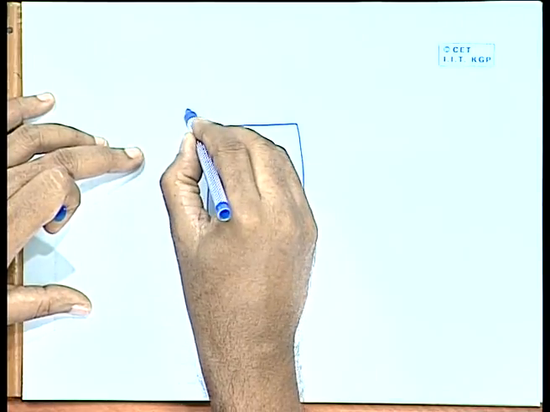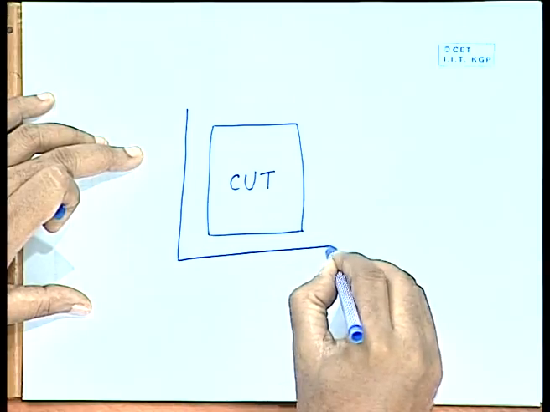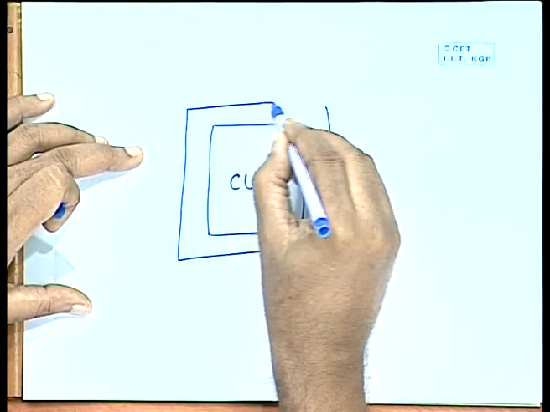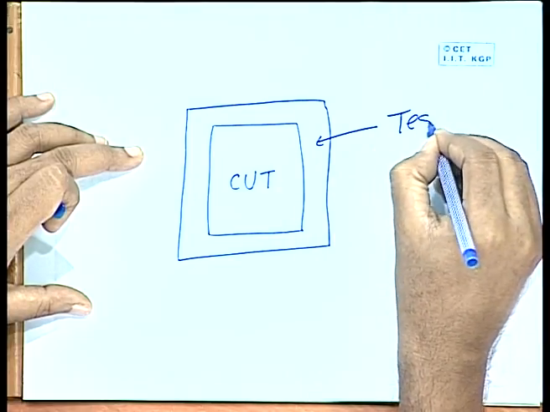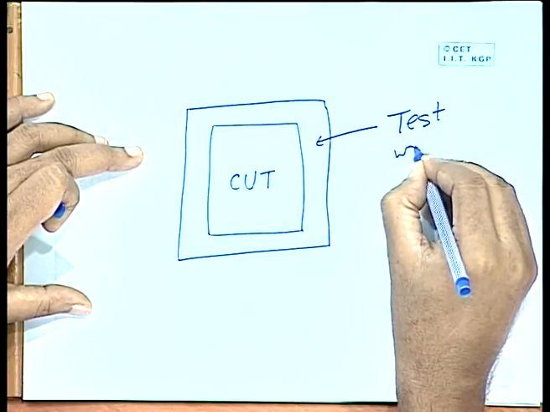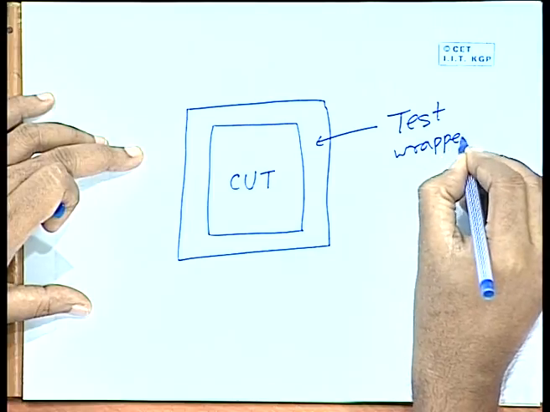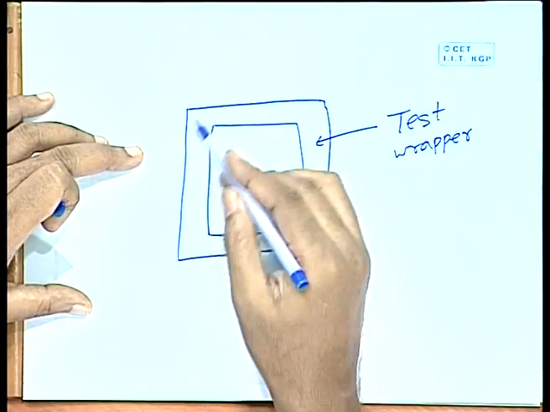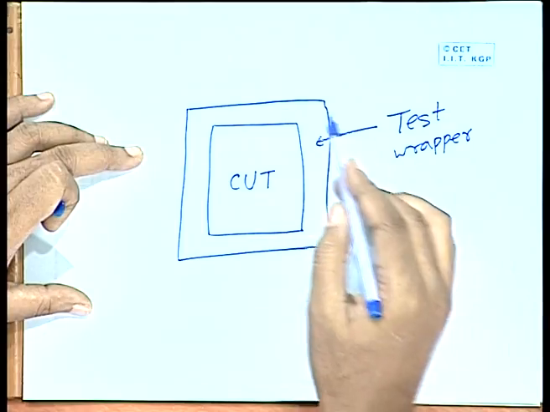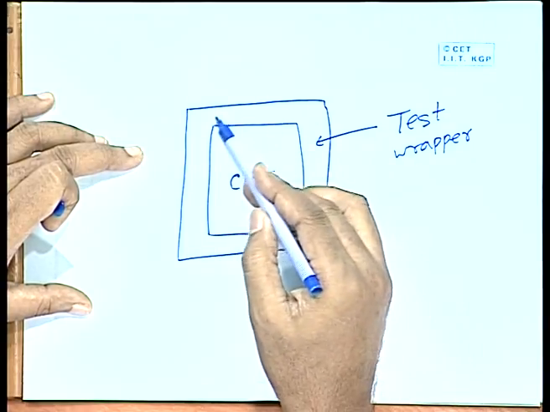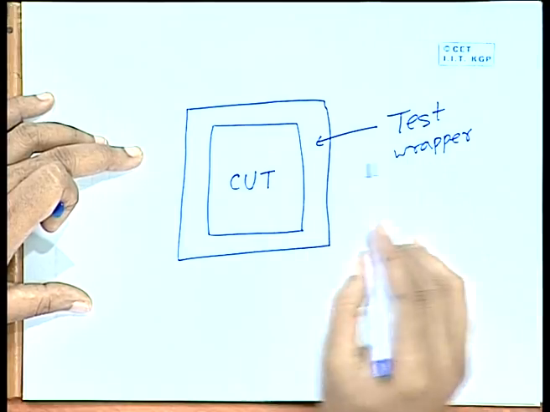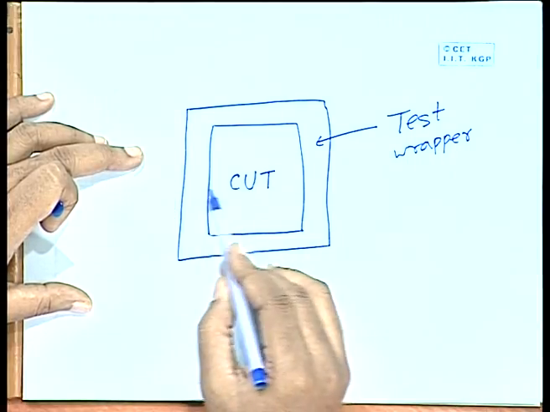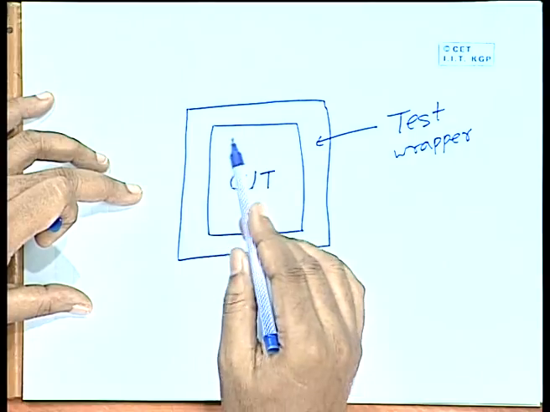So, what you do is that you have some kind of a so called test wrapper which you build around this. Now, test wrapper is a fairly complex piece of hardware, we will see shortly. There are a number of features in this test wrapper. Now, through this test wrapper, you can activate the different testing mechanism in the CUT.